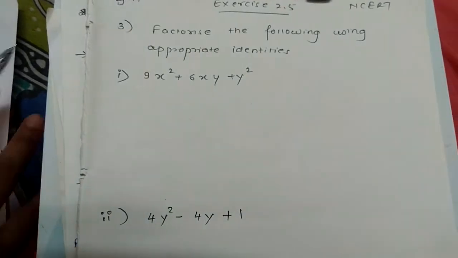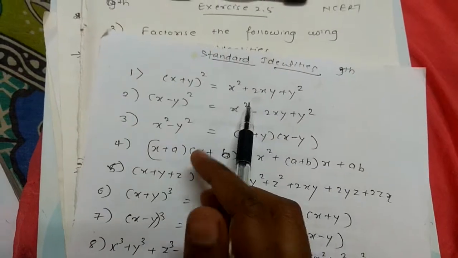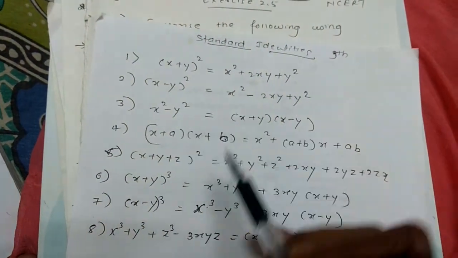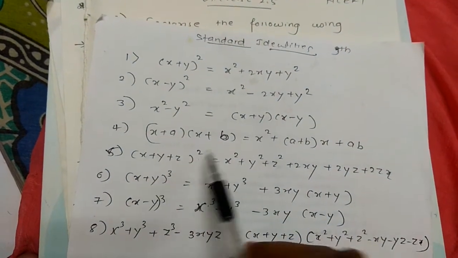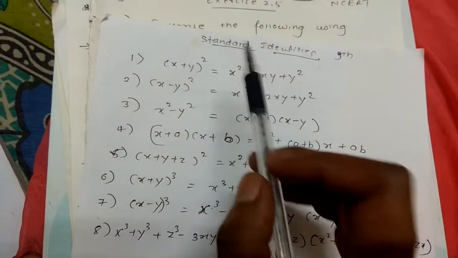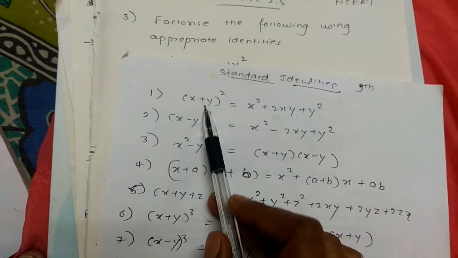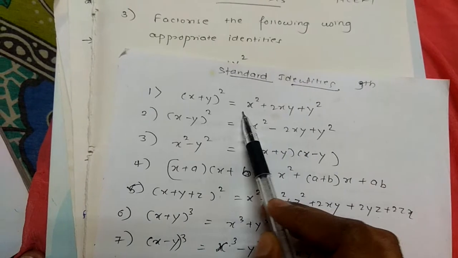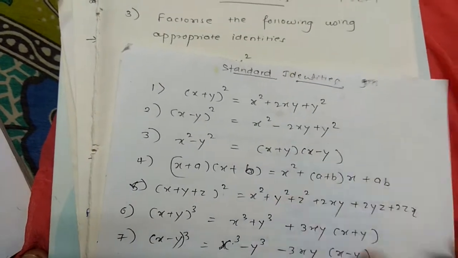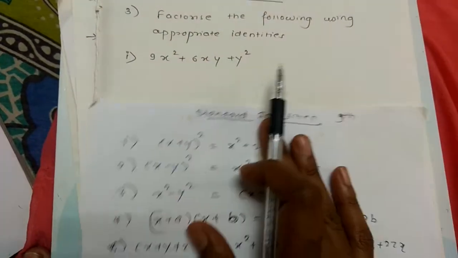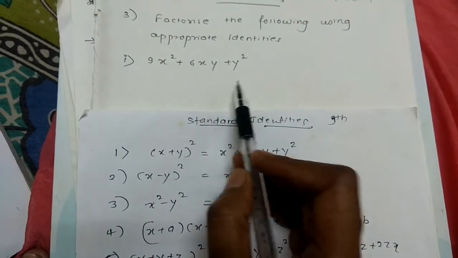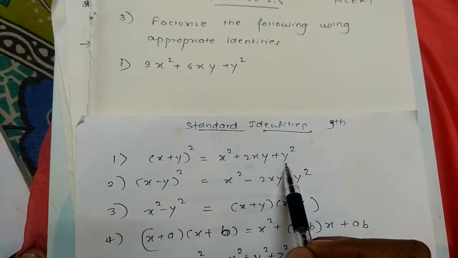You have to go on comparing to see which identity is applicable. If you see here, in how many identities do you have squares? You can see 1, 2, 3, 4, and 5. But here the first and last terms are in square form. Our question is also the same, first and last terms are in square form, so it is likely similar to the first identity.